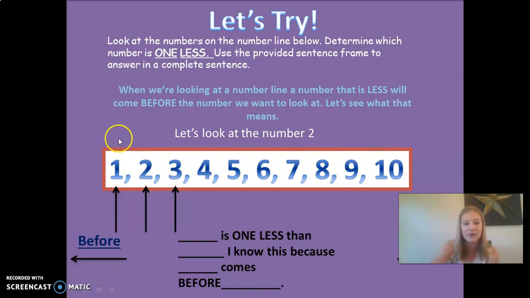I want the number that's right next to it on the left and the number right next to it on the right. So the number that's less is going to come before 2, or to the left, which means number 1 is one less than 2. Let's put that in our sentence frame. 1 is one less than 2. I know this because 1 comes before 2.